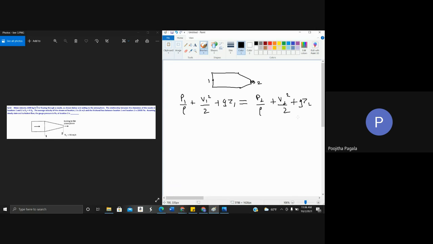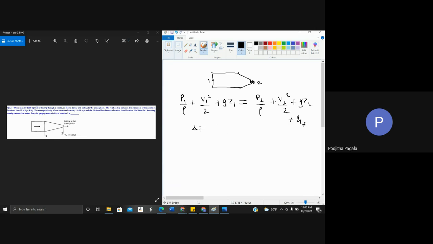Let the losses be HF. HF is the term for the losses. But they have mentioned that the frictional loss between location 1 and location 2 is 10,000 pascals.